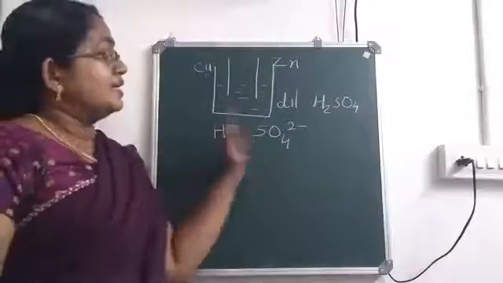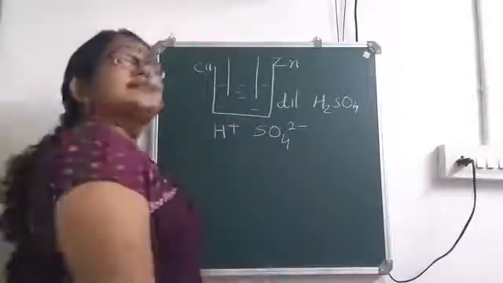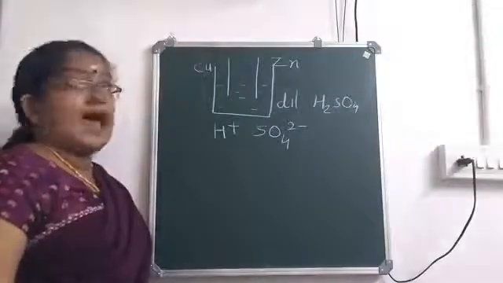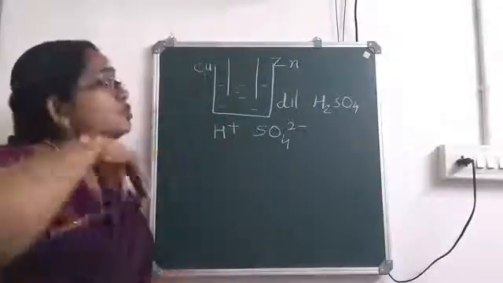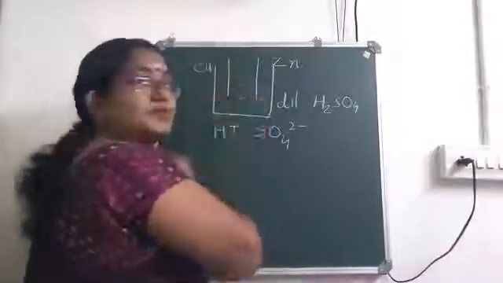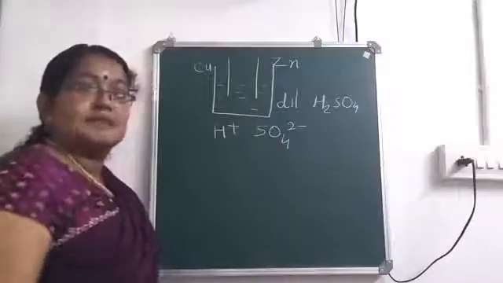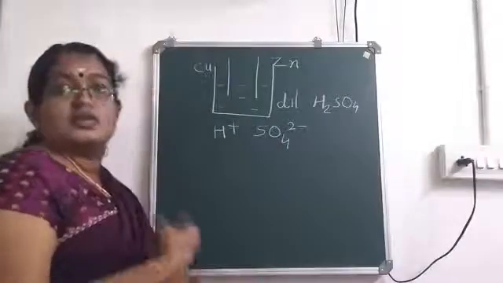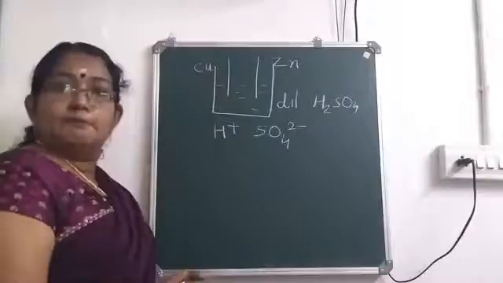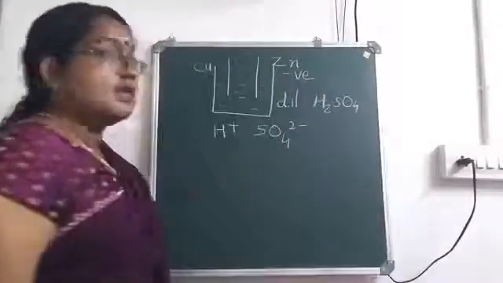Now, the SO4 2 minus ions will move towards the zinc electrode and provide electrons to the zinc. That means the number of electrons present in zinc will be more, so it develops a negative charge.